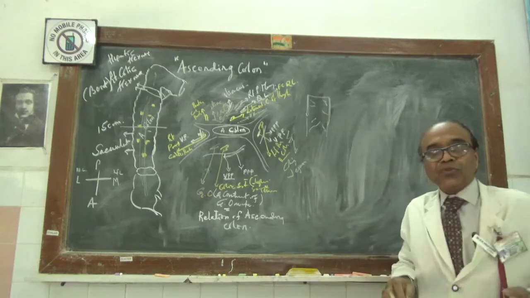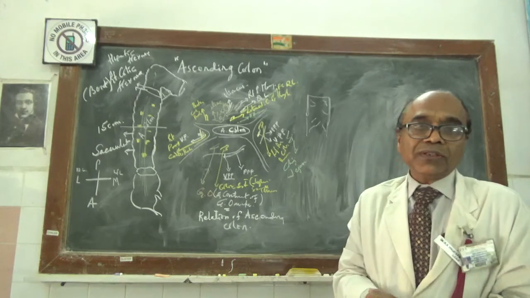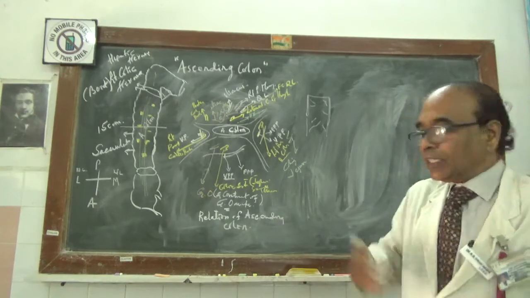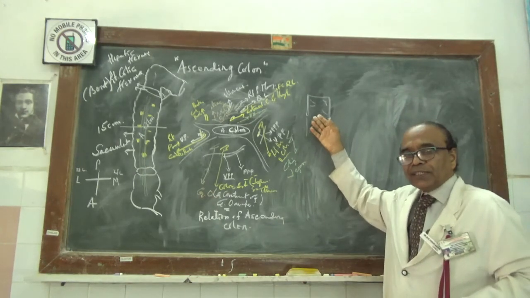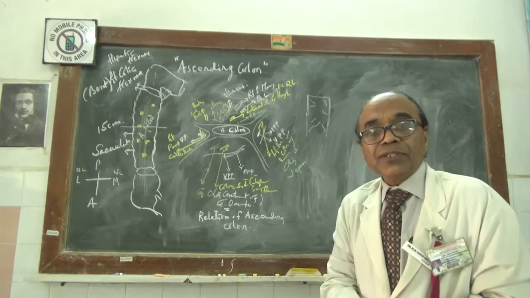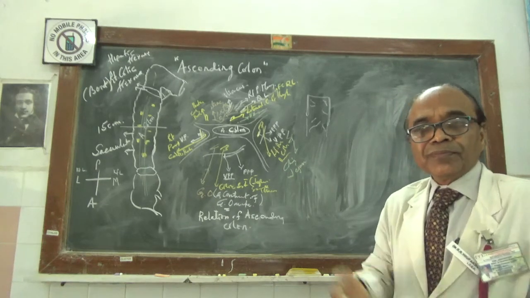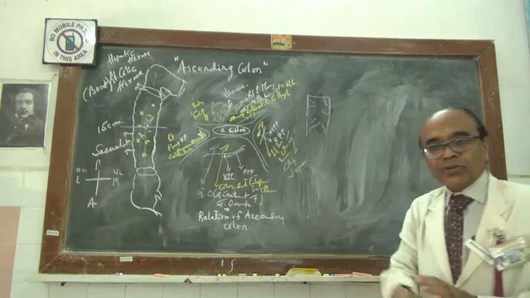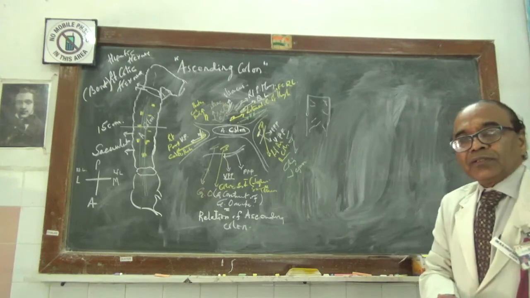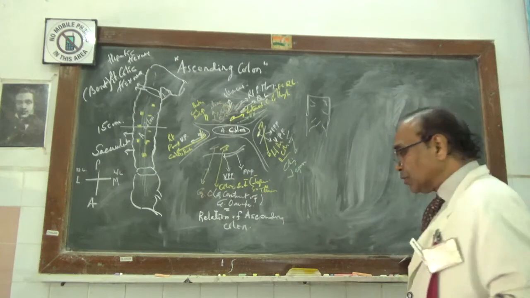These mucosal folds are not as prominent as in the small intestine, but they are there here and there. You will not get the mucosal pattern of the jejunum, duodenum, and even the stomach, but you will have a colonic mucosal pattern. So this is the internal appearance, nothing more.